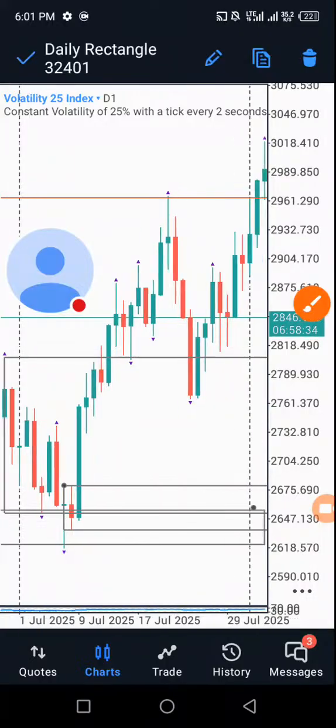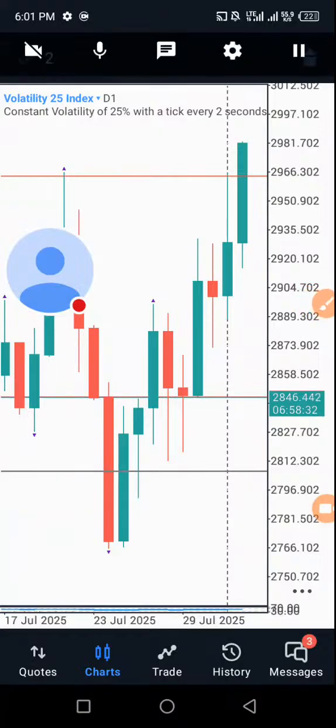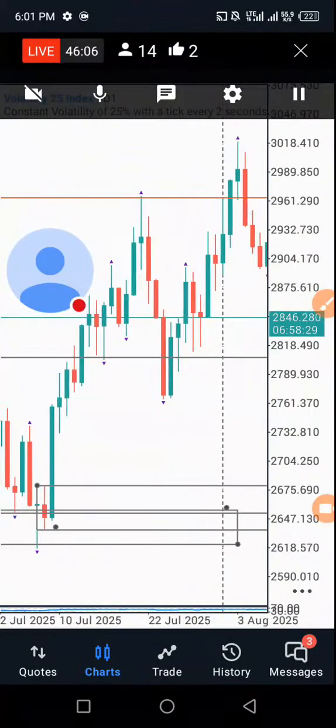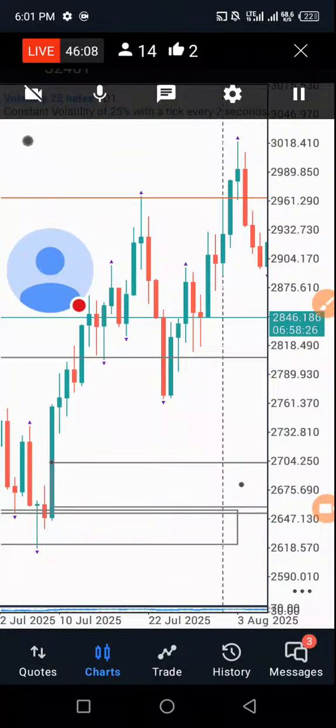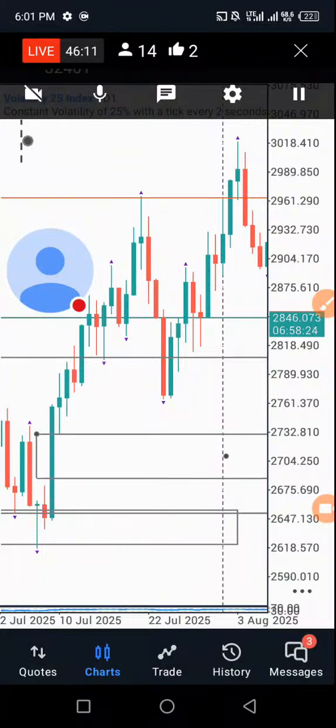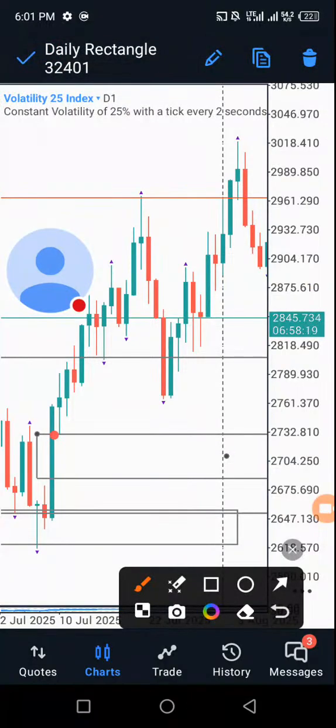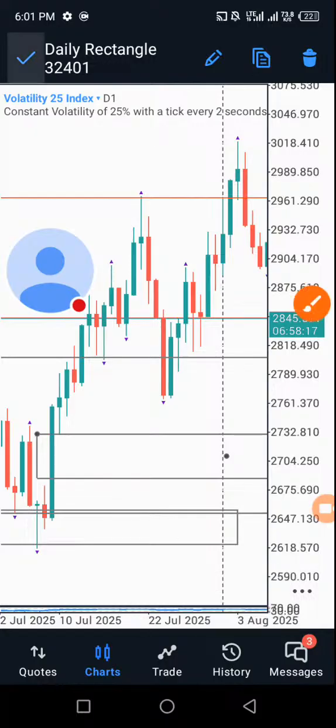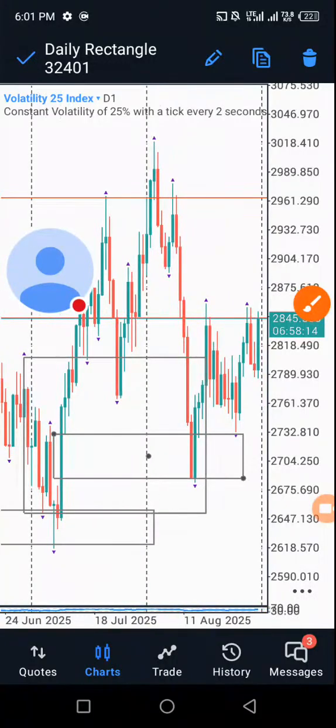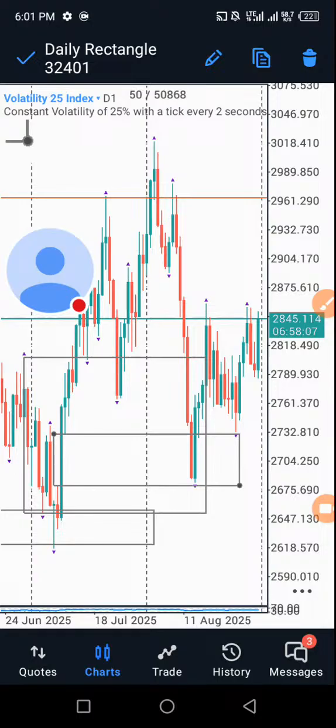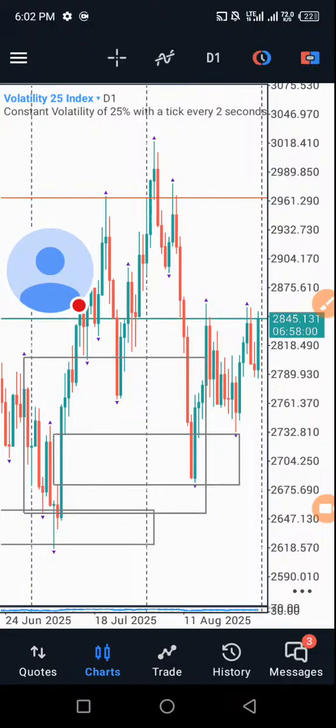So if we have it here, we can adjust that. Our zone now will be the low here and the high here. So let's adjust that, and we can have this here. You can see how price actually respected the fair value gap beautifully here, guys.